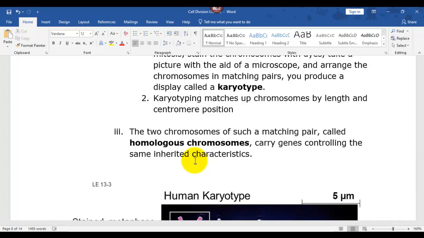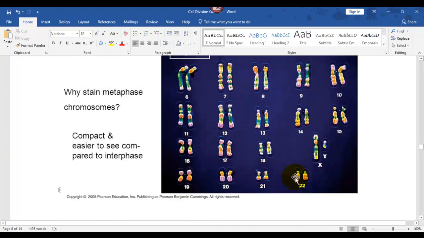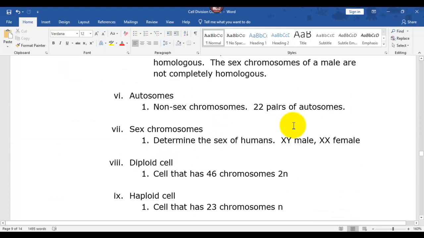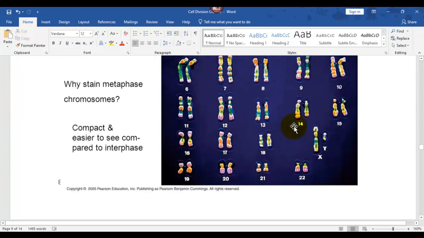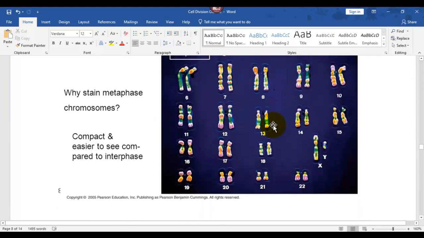And right there it says they carry genes controlling the same inherited characteristics. Well, the first 22 are called autosomes, non-sex chromosomes. And you can see, even though some of these are bent, this one's this way, you can see the stained areas are the same.